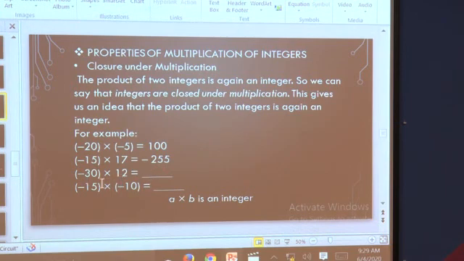Now you have to use the magic of 0. We are having a 0 here, which means you will write 360. Why? Here we are having a negative integer. So, your answer will be minus 360.